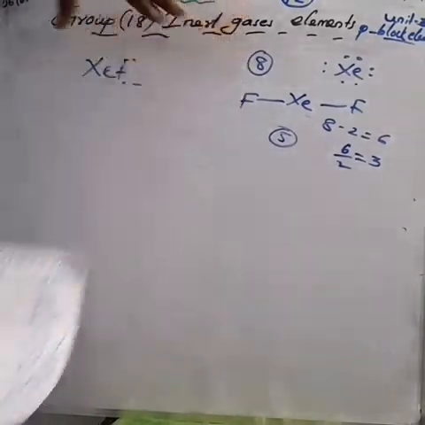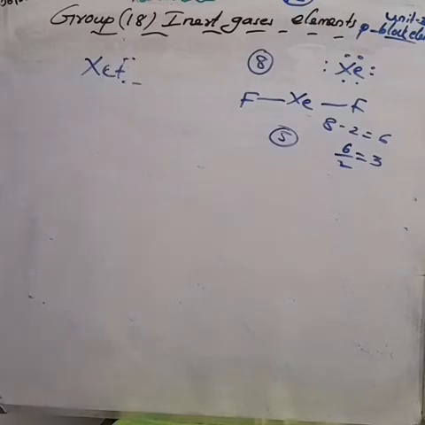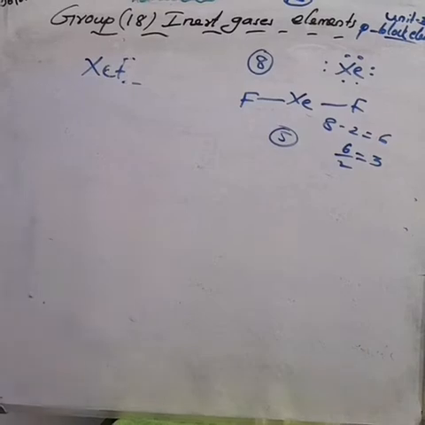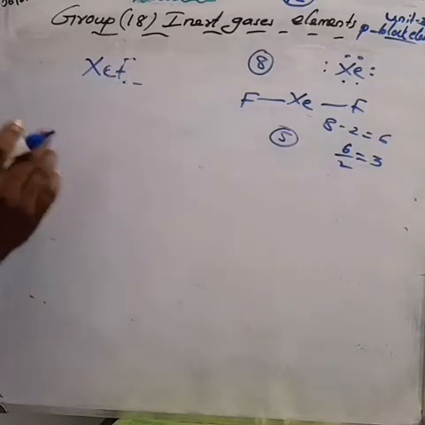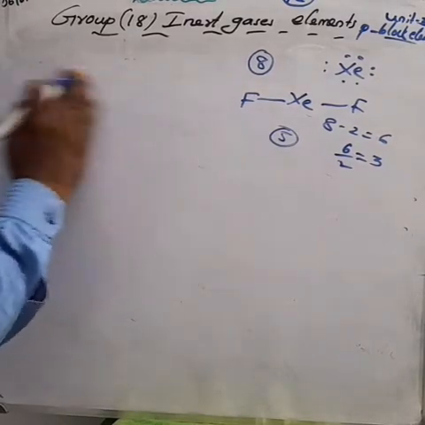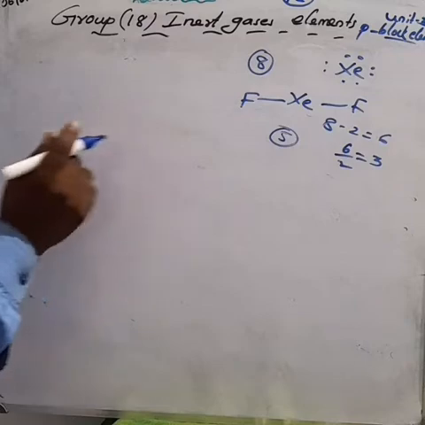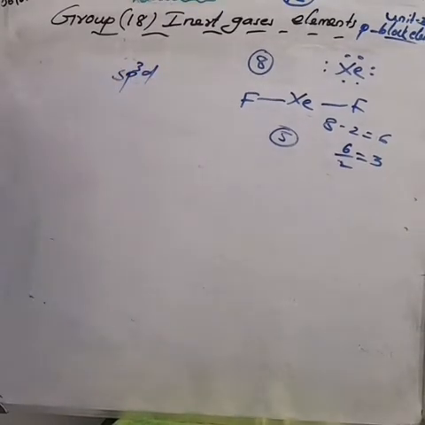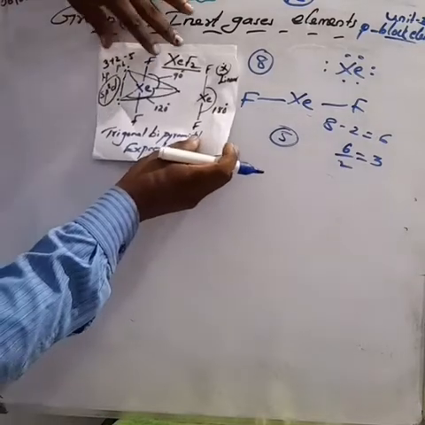So we get the answer is 5. 5 means what is the hybridization? sp3d hybridization. Here, for sp3d, our expected shape, that is very important.